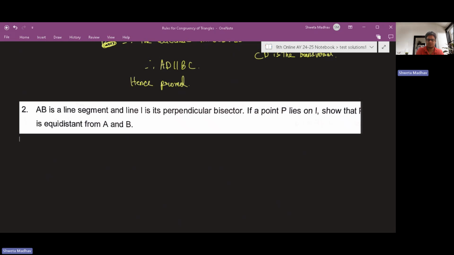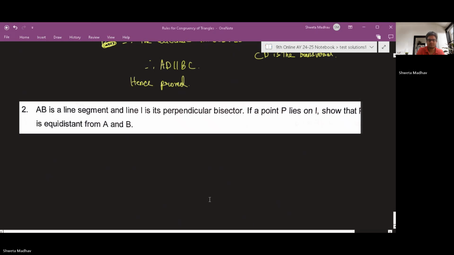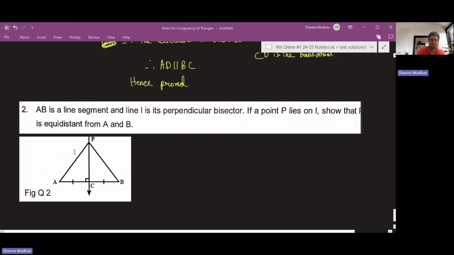This is question number 2, and the figure is like this.